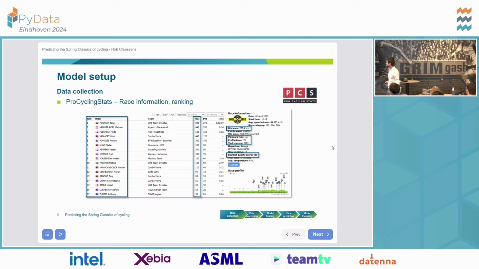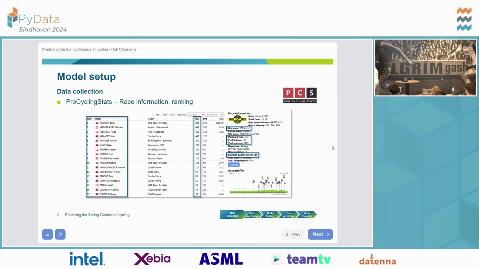So of course, at the left, you see the ranking for this specific race, which was the Ronde van Vlaanderen in 23. The second column says UCI, which is the Cycling Federation. So basically, they assign points for the rank a rider finishes.